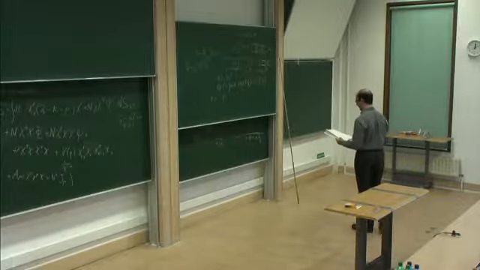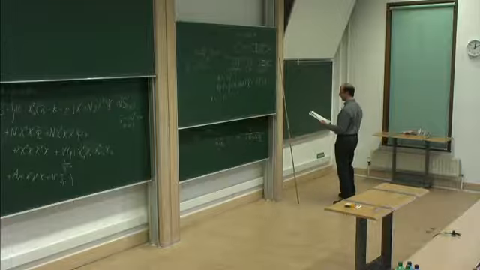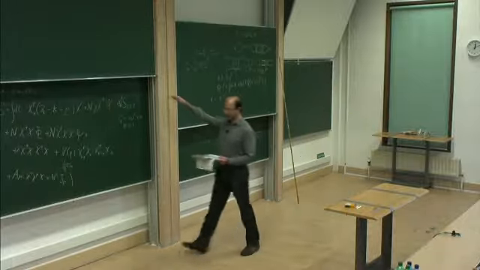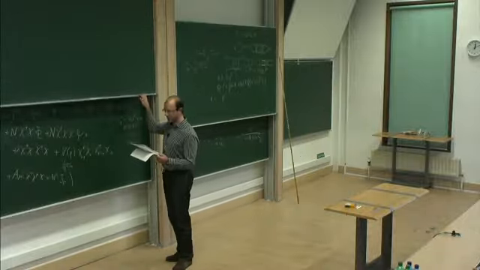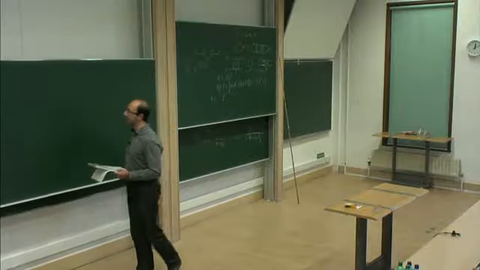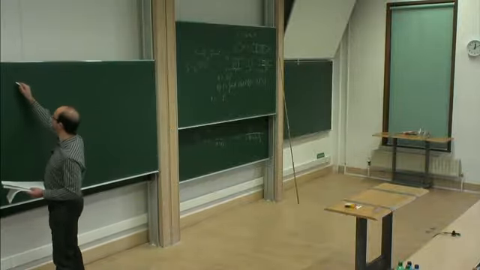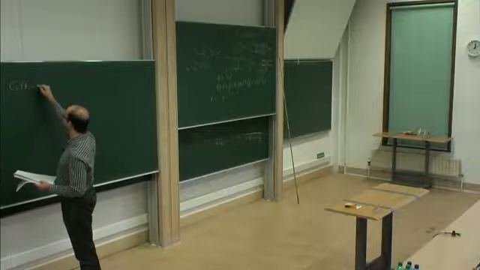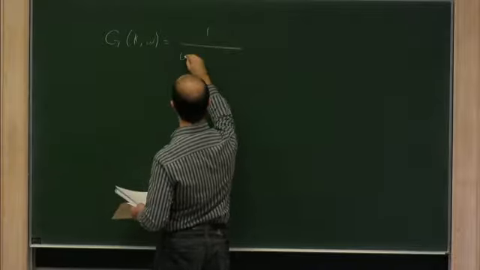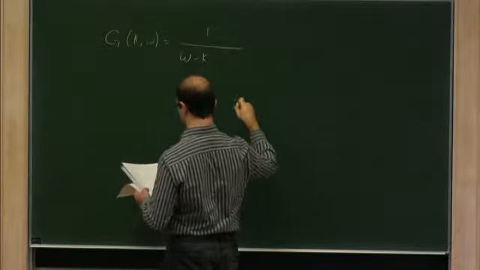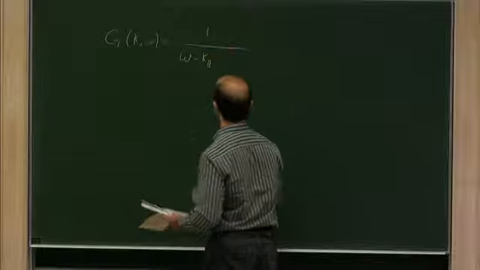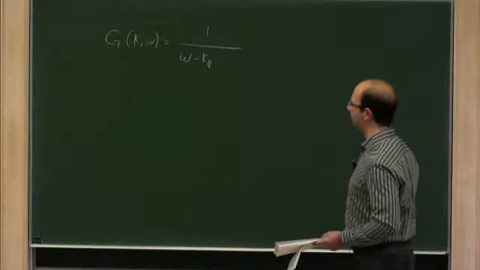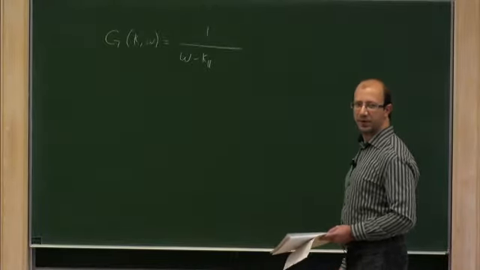So the way it worked in the normal Fermi liquid case, one derivation that you can give for the zero sound is that you start again from the normal, free Fermi liquid propagator.